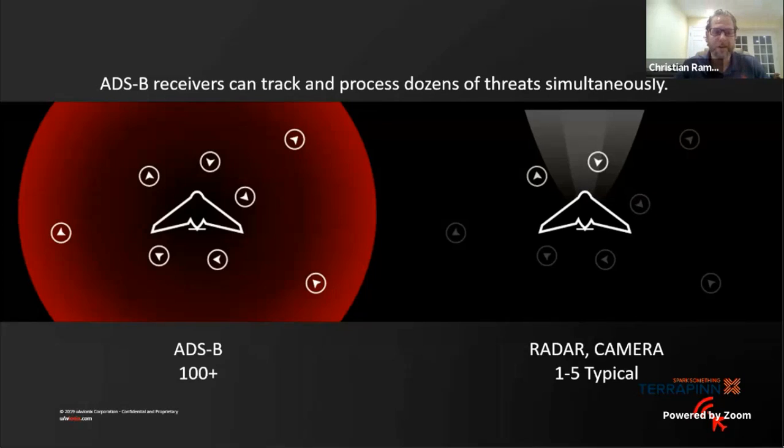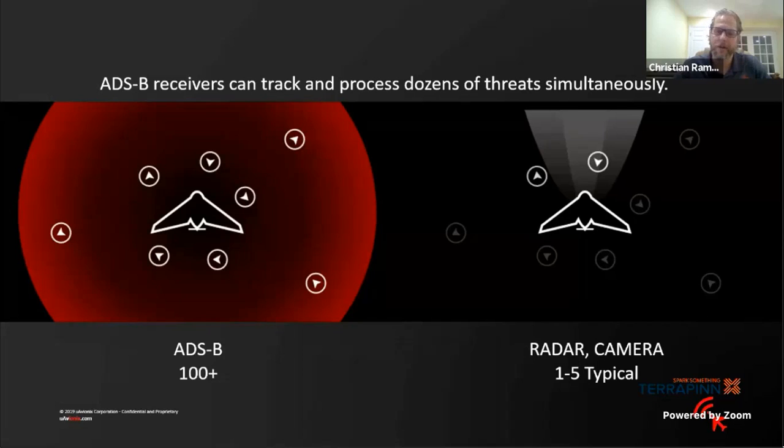ADS-B receivers can also track significantly more potential threats than a lot of other technologies like radars and cameras, whereas you can track 100 or more aircraft with our products, and a typical radar and a camera is 1 to 5. Hopefully you're not flying in an environment where you have to monitor 100 nearby threats.